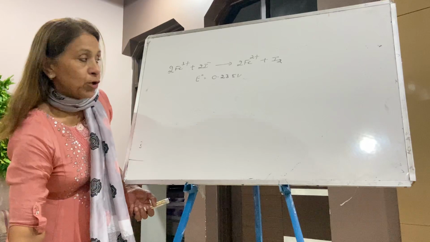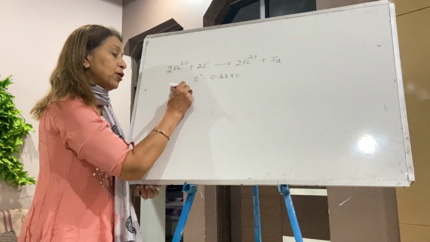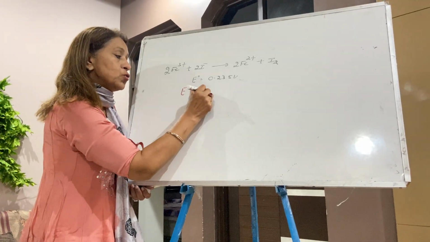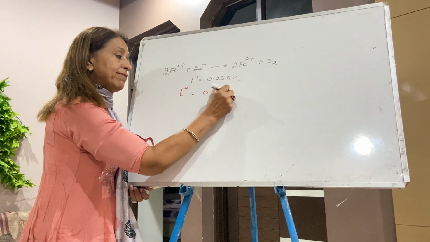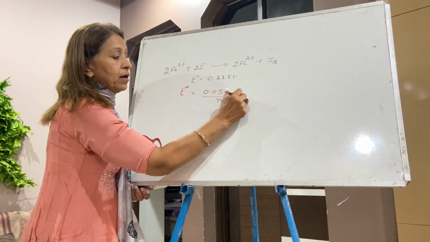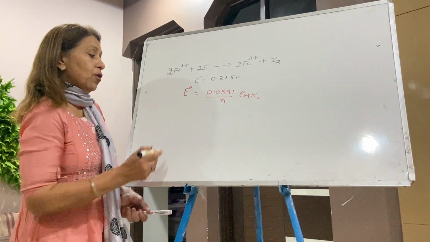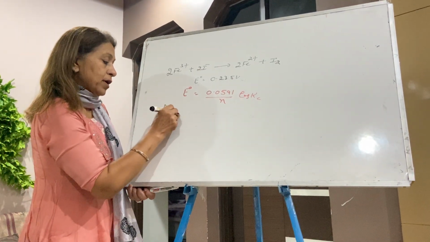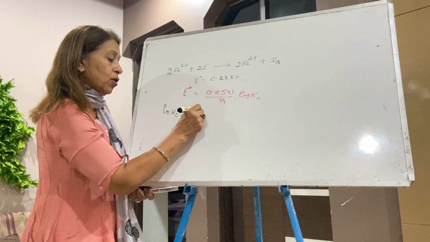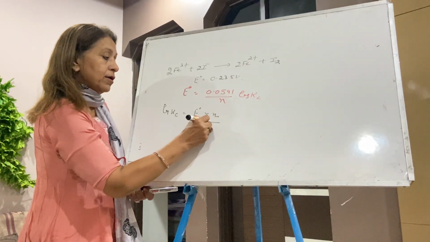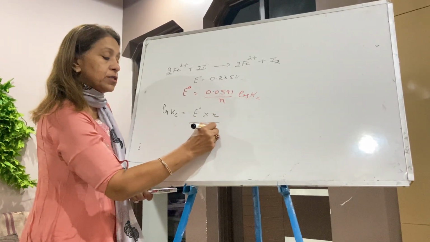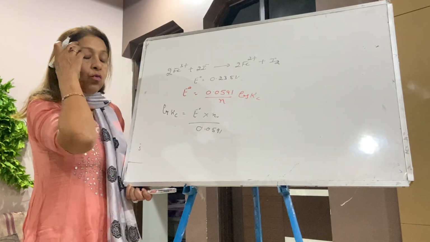Again, what you will do, you will apply the formula E0 is equal to 0.0591 by n log Kc. This formula. Now calculate log Kc. Log Kc is equal to E0 into n divided by 0.0591.